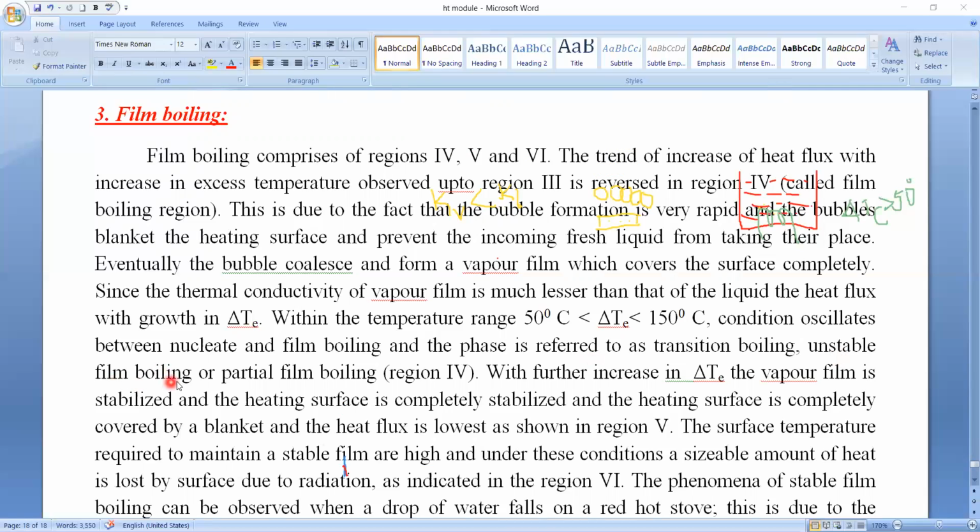The unstable film boiling or partial film boiling is region 4, just as we have discussed. With further increase in the delta TE, the vapor film is stabilized, and the heating surface is completely covered by the blanket, and the heat flux is lowest as shown in region 5.